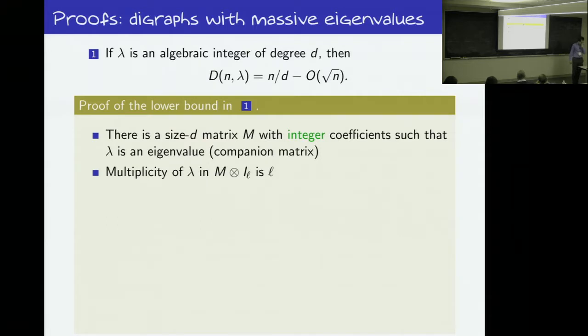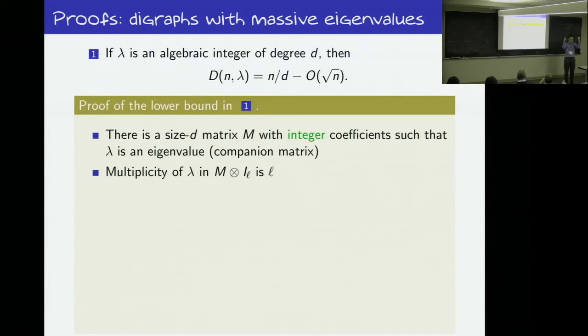So what we do is we start not with a 0, 1 matrix. We want to get a 0, 1 matrix at the end, but we start with an integer matrix which has lambda as an eigenvalue. This is easy to do. We teach our undergraduates about the companion matrix of an algebraic integer.